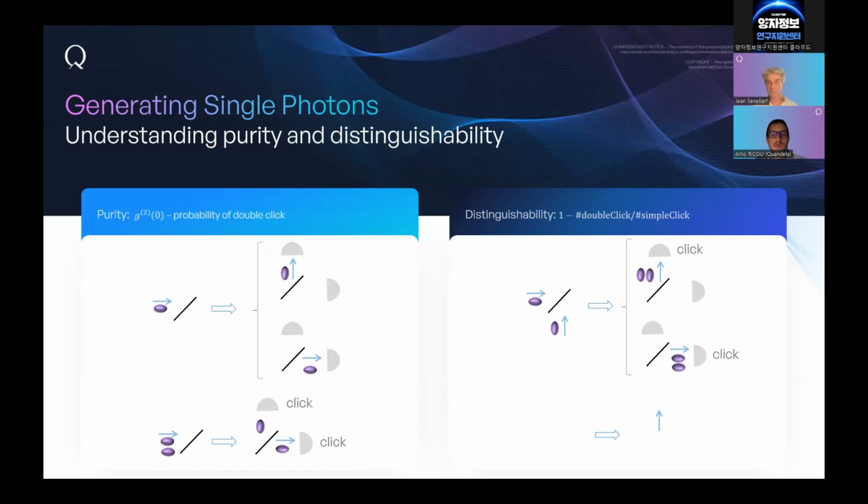So we send two photons on a beam splitter, and if these two photons are indistinguishable, then they should either come out both in the upper mode or both in the lower mode. So we should have only one click in either of the detectors. If it happens that we have two clicks, it means that these photons are distinguishable, and this we don't want. So again, what we're looking for is high indistinguishability, or really low distinguishability.